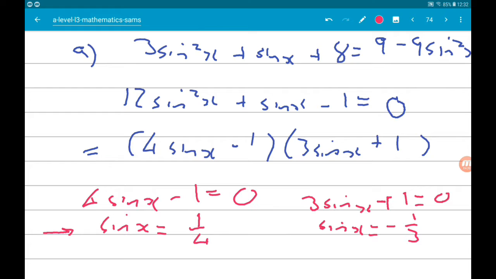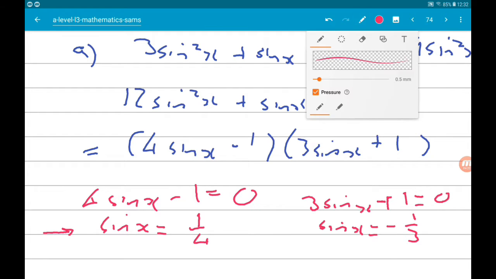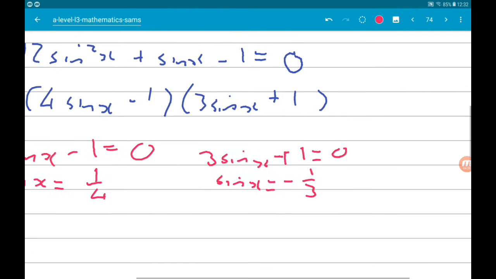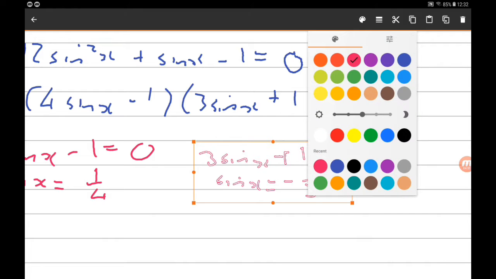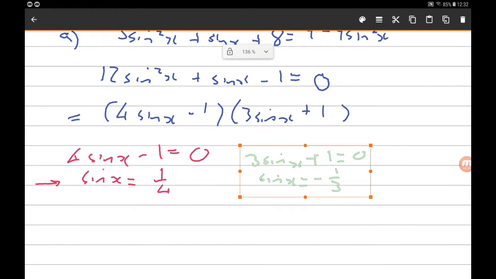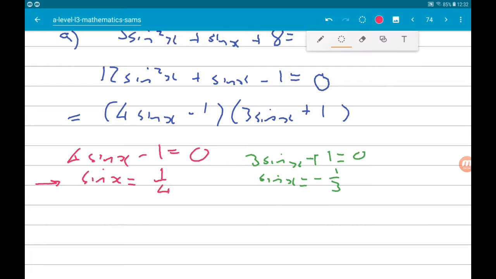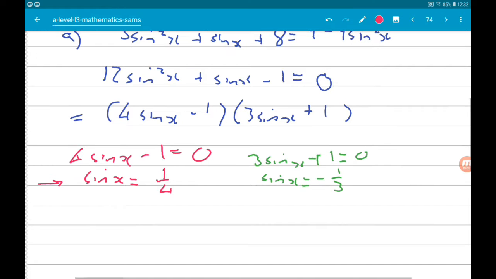Okay, right, gonna change the colour of one of those. Okay, so now we want to solve these.